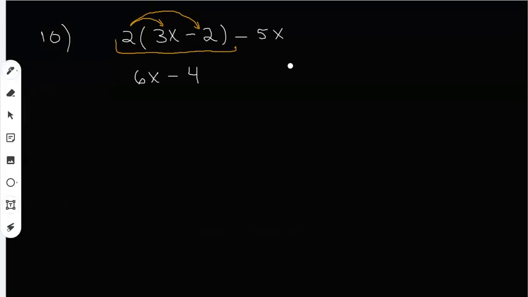Good. So that's the distributive property. And then, of course, I need to bring down the negative 5x. So I'm going to put that right next to the negative 4. So I just need to bring that down to my final step. So we use the distributive property here.